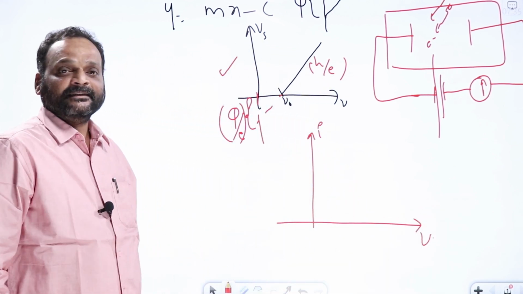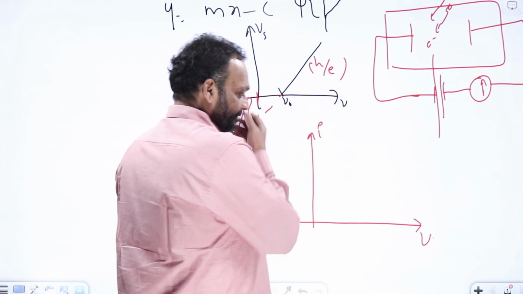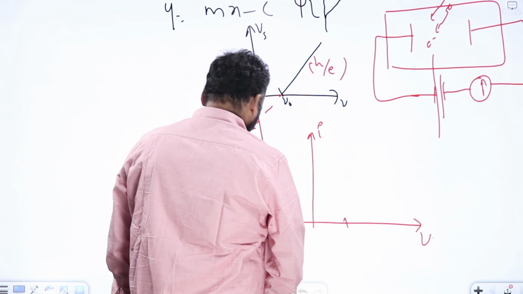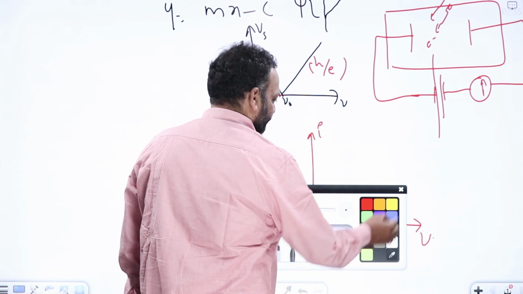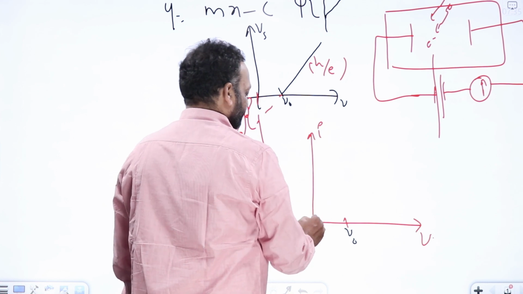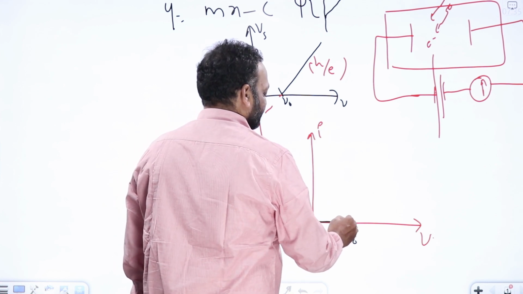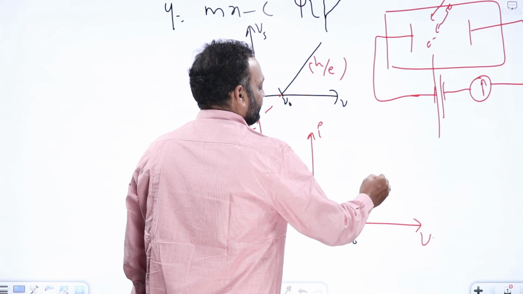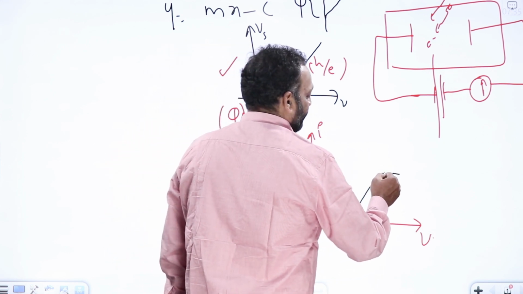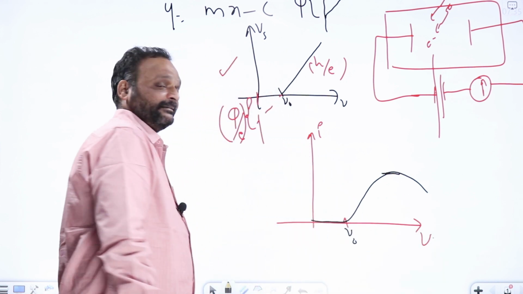This graph is a little bit of a typical graph. Up to nu equal to nu naught, there is no photoelectric current, so I is equal to 0. Beyond nu naught, when you increase the frequency, the current increases slightly, but only up to a point. After some point, the current starts decreasing again like this.